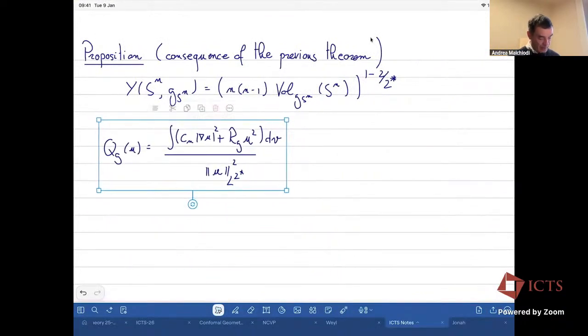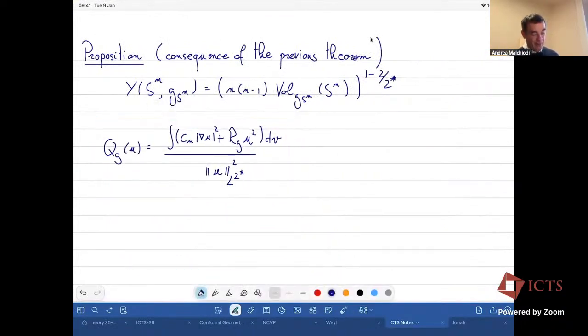Okay. And the point is that, to see this, on S^n, the constant function u identically equal to 1 minimizes Q_{g_{S^n}}.